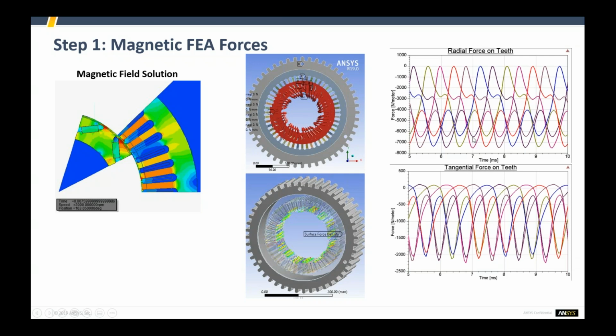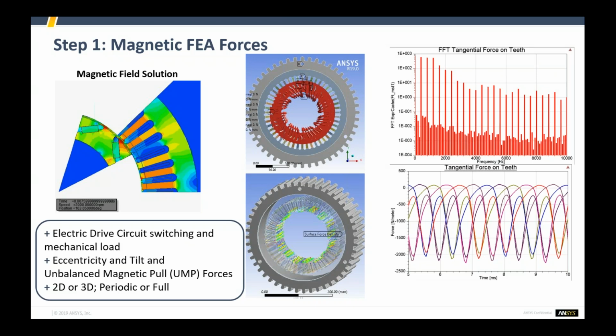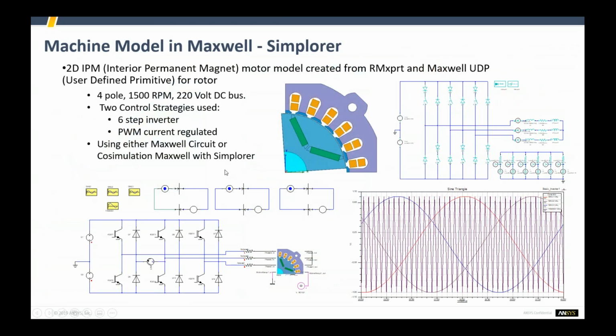Plots can be drawn as well for the radial forces on the teeth and the tangential forces on the teeth. We can also plot FFT tangential forces on the teeth. So essentially, it could be 2D or 3D, periodic or full.